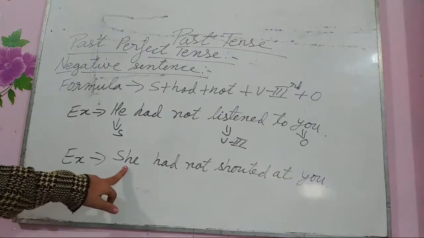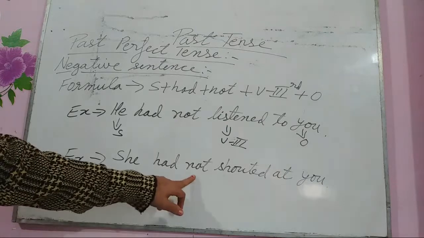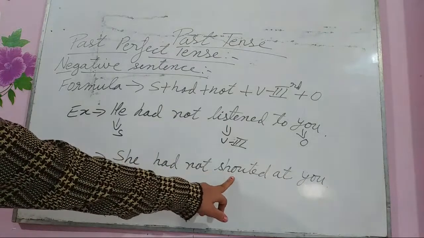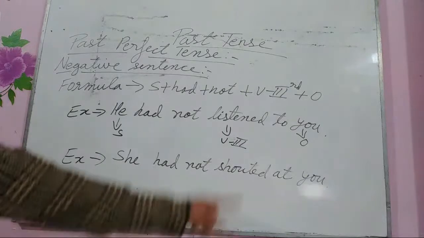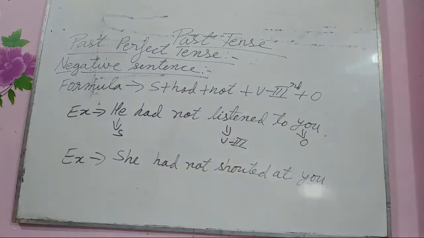Again, she is the subject. Had not shouted is the verb of the third form. At you, you is the object. So the two sentences, he had not listened to you, she had not shouted at you, are the examples of negative sentence in past perfect tense.